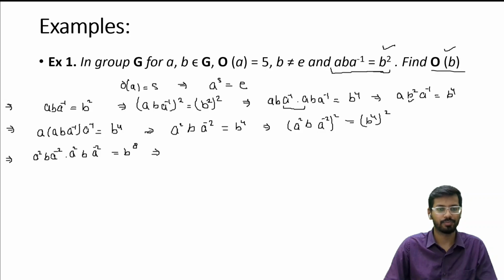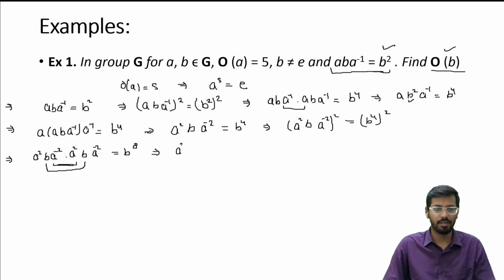From this a raised to power -2 and a square is equal to identity element, then b multiplied by b is b square. From this we can write a square b square a raised to power -2 that is equal to b raised to power 8.